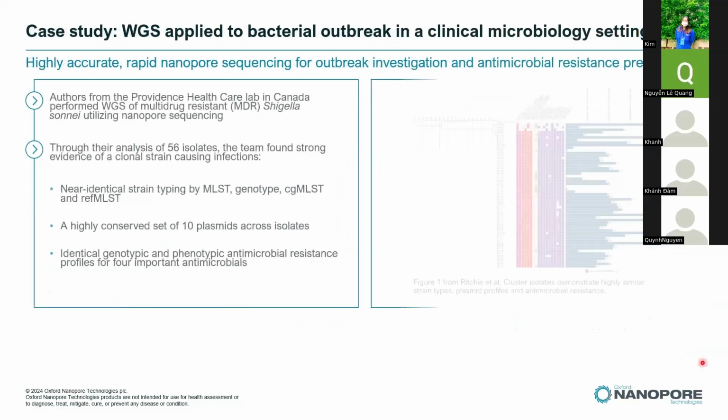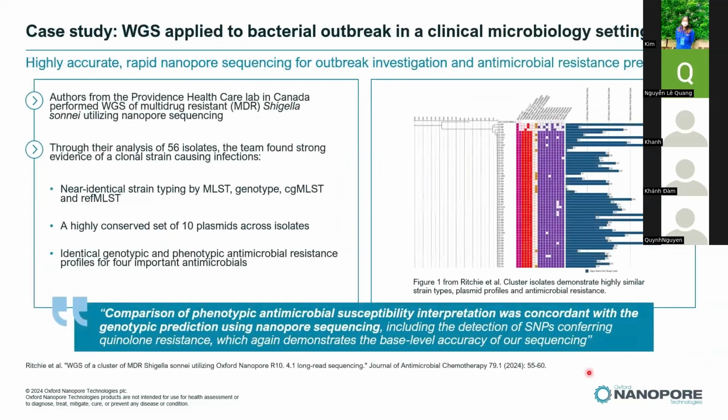So this here is a case study demonstrating the power of whole genome sequencing for outbreak investigation, as well as antimicrobial resistance prediction in a clinical microbiology setting. The authors are from Providence Health Care Labs in Canada.